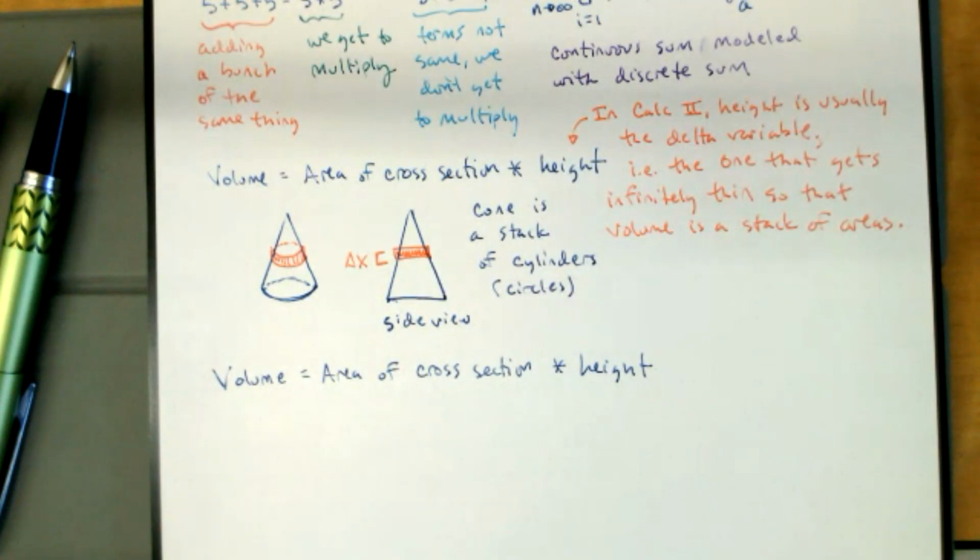Because the area of a cross section is a two-dimensional thing, it's an area, not a length, the delta variable is two-dimensional, which means our height is going to be one-dimensional.